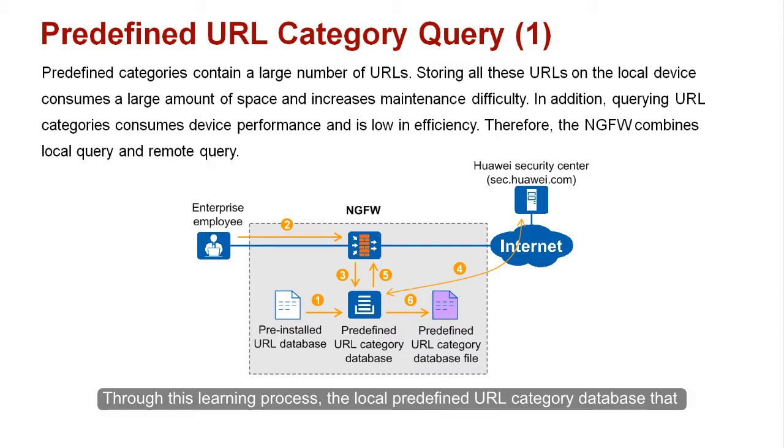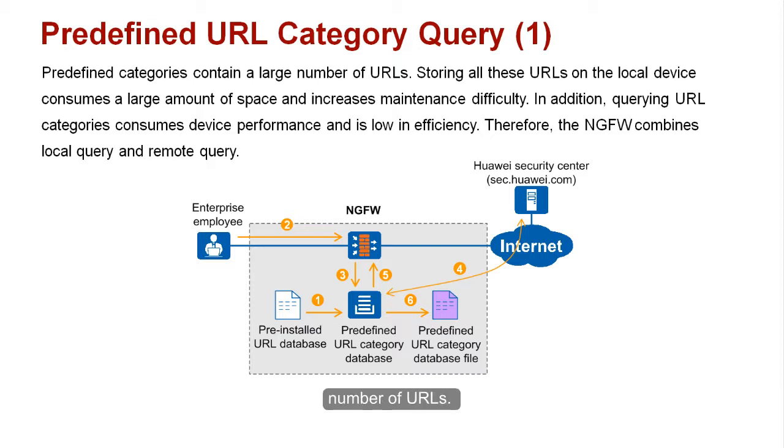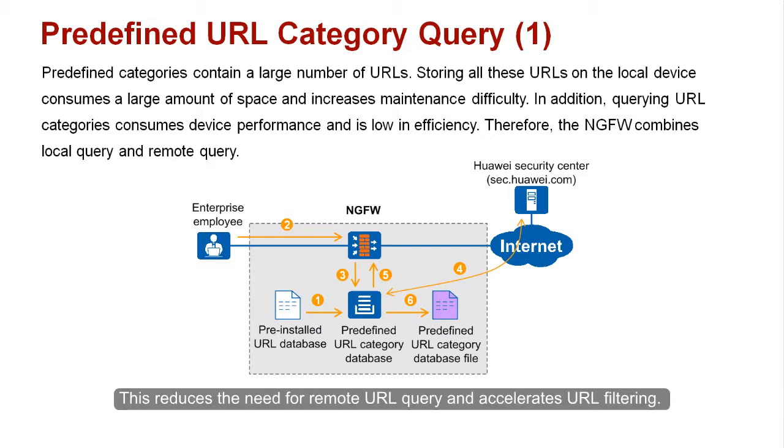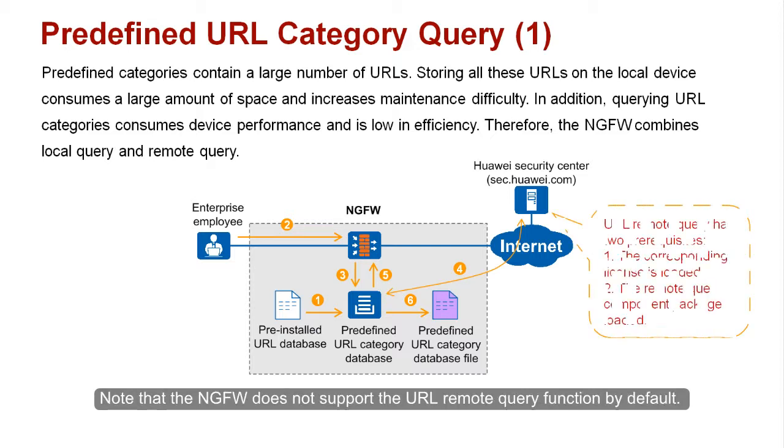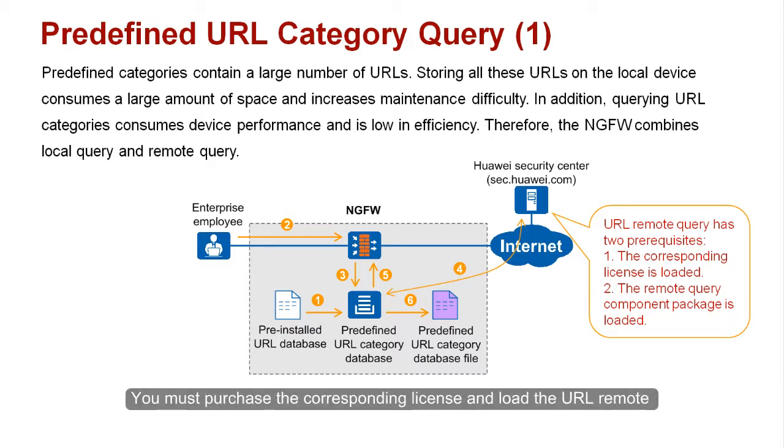Through this learning process, the local predefined URL category database, that originally has only a little content, is constantly updated to cover an increasing number of URLs. This reduces the need for remote URL query and accelerates URL filtering. Note that the USG6000 does not support the URL remote query function by default. You must purchase the corresponding license and load the URL remote query component.